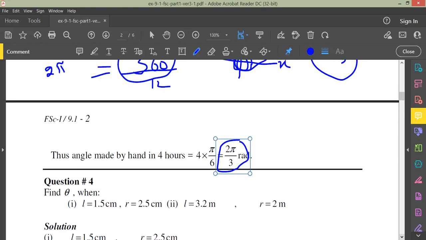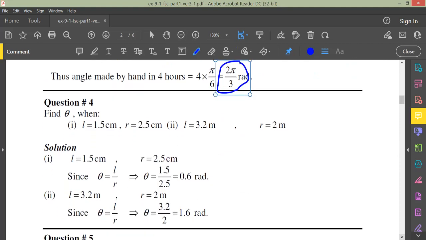Similarly, we have to remember the formula for question number 4, 5 and 6.